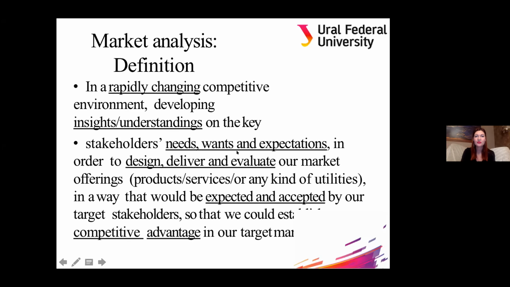Who are connected with the URFU and its achievements? Yes, it's right, employers, of course. So all the persons connected with the Ural Federal University are stakeholders, most of all. Thank you very much for your answers and for activity. To understand needs, wants, and expectations of these stakeholders of the university, we need to make market analysis.